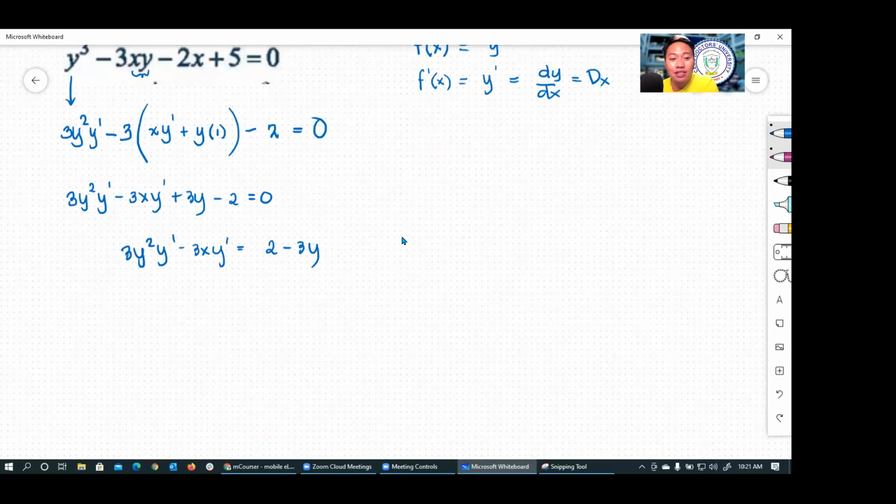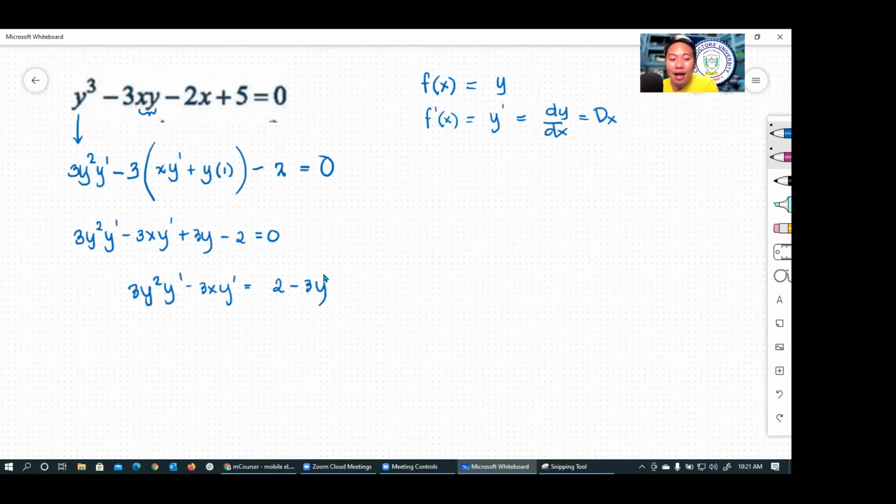So going back, since we are going to isolate the y prime, I'm going to factor out the y prime from the left side. So what you see here, guys, is y prime times (3y squared minus 3x) equals 2 minus 3y. And since I said earlier that we're going to be solving for y prime, I'm going to divide both sides by 3y squared minus 3x.